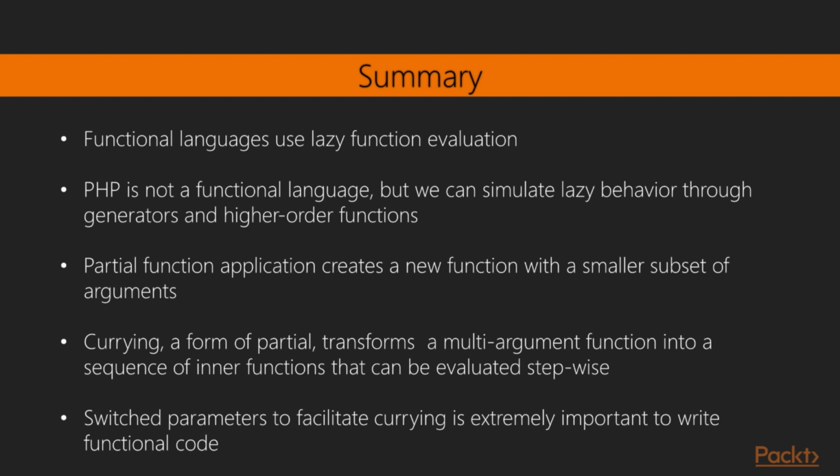Currying is a form of partial, which transforms a multi-argument function into a sequence of stepwise inner functions, singular functions, that can be evaluated in steps. So you can actually begin to build a function in steps and pass that to other functions that can add more and make that function more specific as you go. It's always important to reorder parameters to facilitate currying.